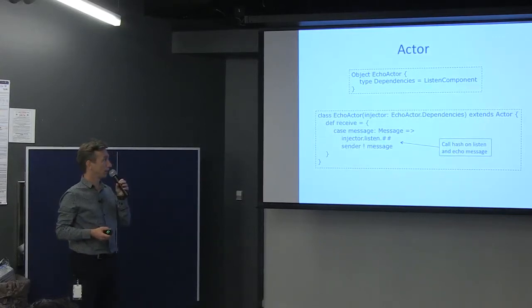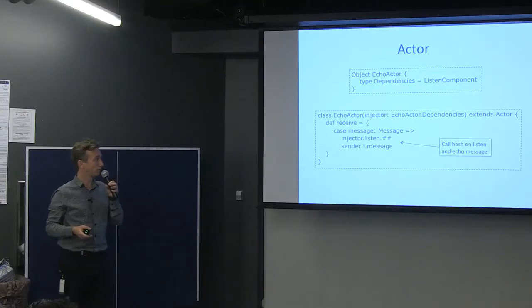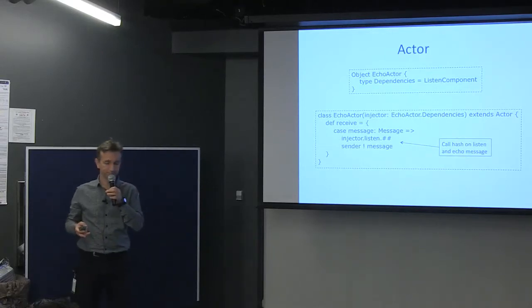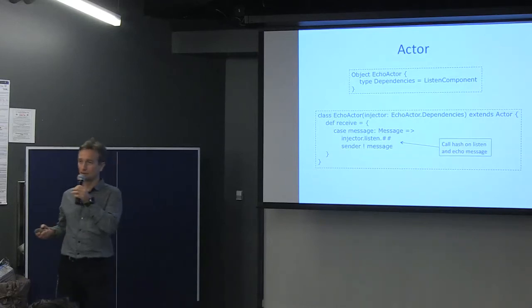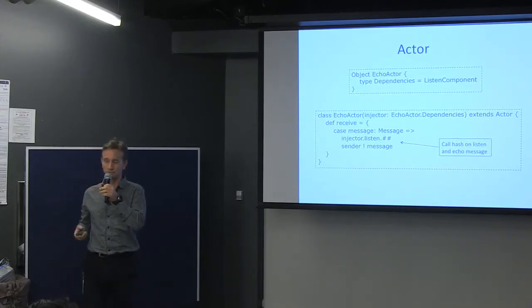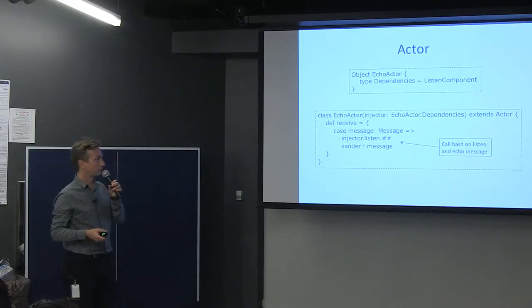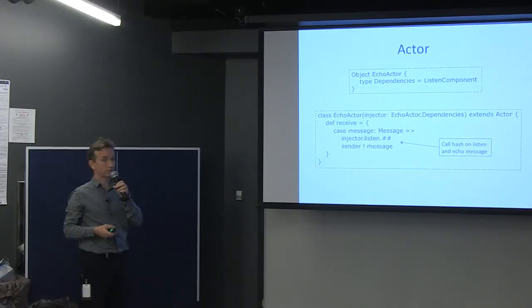Also, you're trying to find out how you're supposed to use dependency injection with actors. The literature on the web is pretty unhelpful and probably inconsistent as well. So this was probably the best that we could come up with.